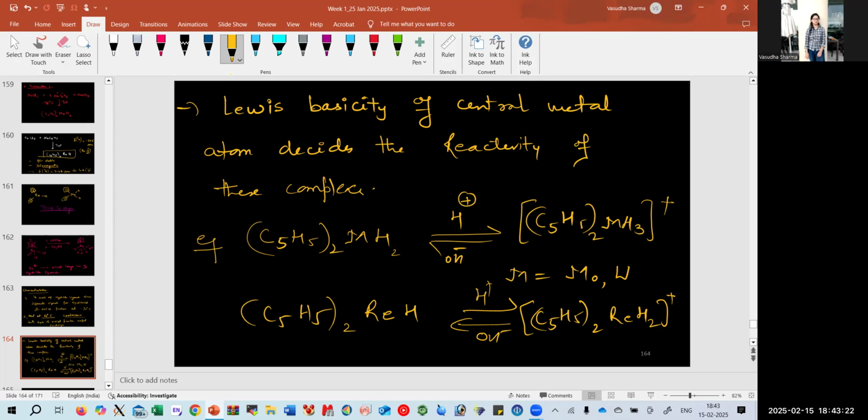And based on that, we are on to our next or last topic, which is certain examples of hydride complexes. And one such example is Schwartz complex.